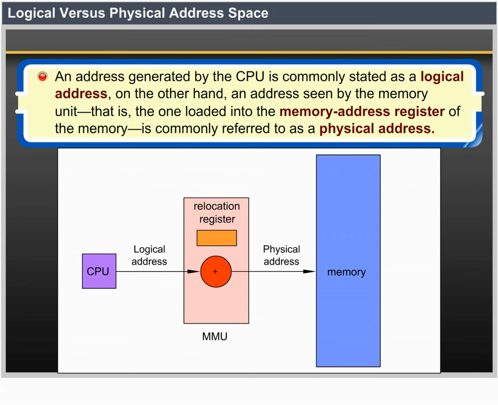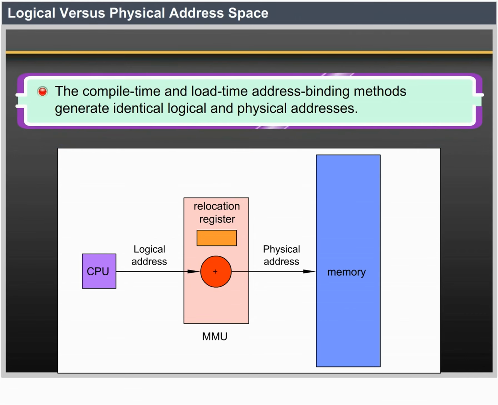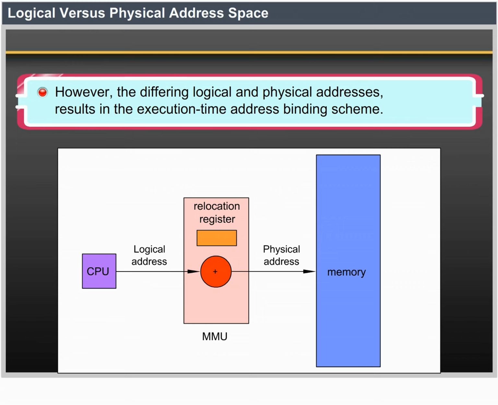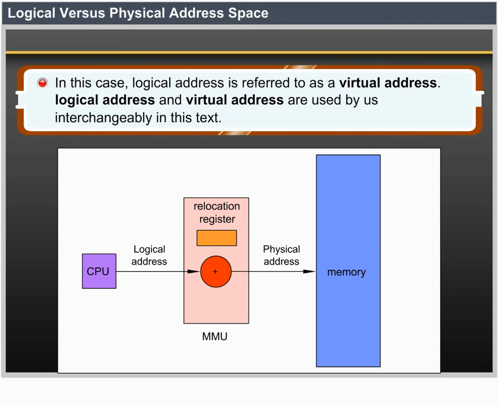The compile time and load time address binding methods generate identical logical and physical addresses. However, the execution time address binding scheme results in differing logical and physical addresses. In this case, we usually refer to the logical address as a virtual address. We use logical address and virtual address interchangeably in this text.